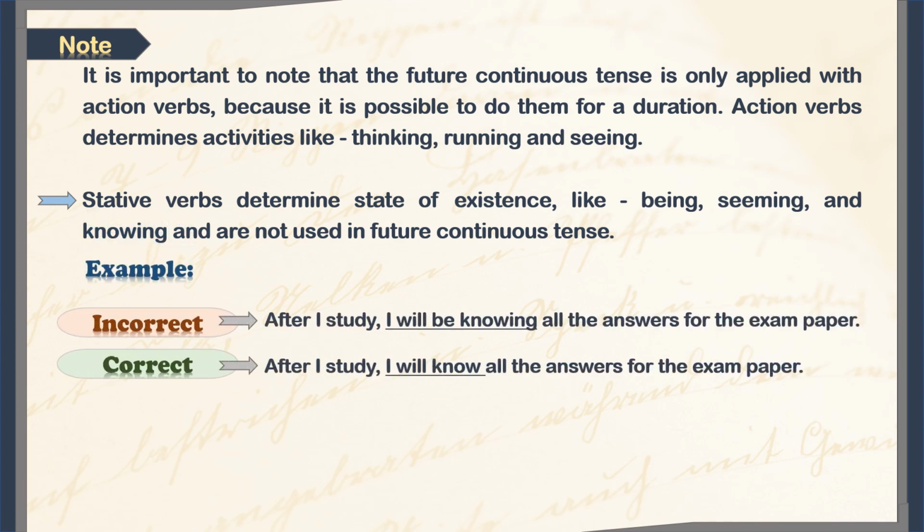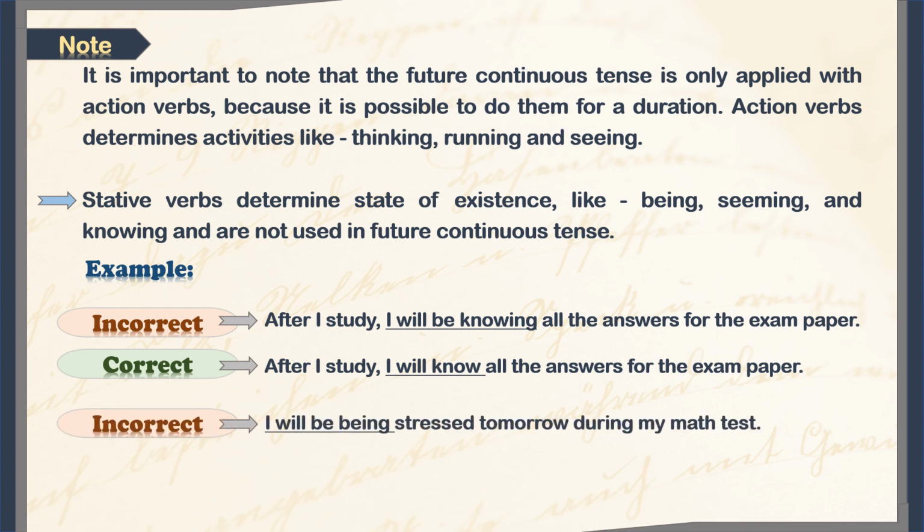Example 1. After I study, I will be knowing all the answers for the exam paper. This is incorrect. The correct sentence is: after I study, I will know all the answers for the exam paper. Example 2.